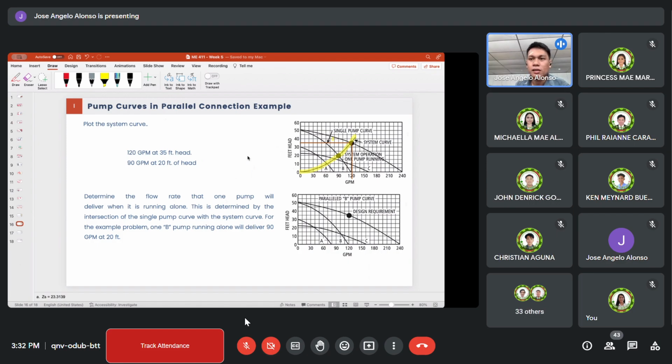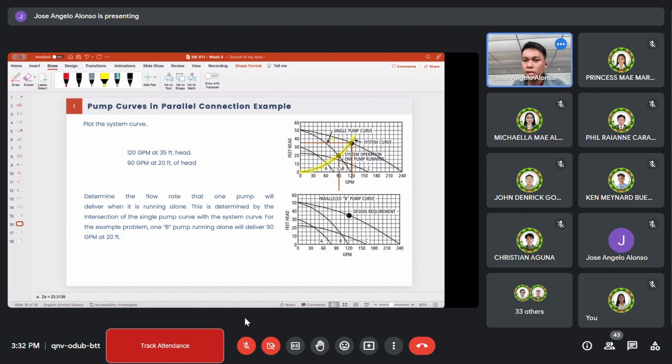Initial condition is 120 gallons per minute at 35 feet of head. Tama? Then each of them is producing at least 60 gallons per minute at 35 feet of head. Then what if one pump fails? Malalaman natin yung panibagong operating condition.